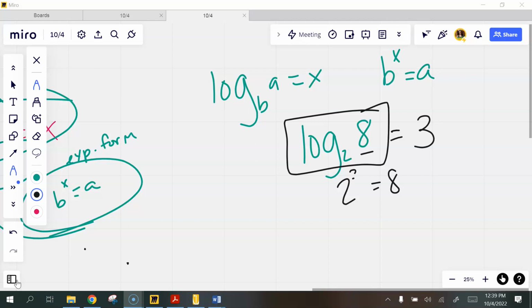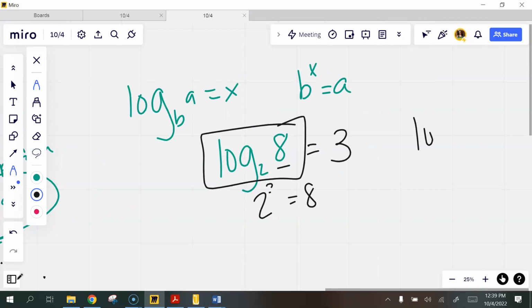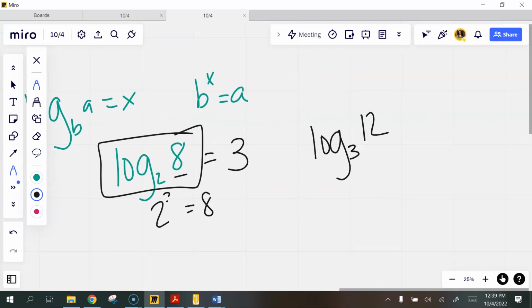Change of base just allows us to have any base in the whole wide world that we want. And all it does is it says whatever you have, so log base 3 of 12. Because I don't know a power that I can raise 3 to get 12, it's not a whole number, right? I can use my calculator and say, okay, well, I can do log 12 divided by log 3, and that'll give me the value.